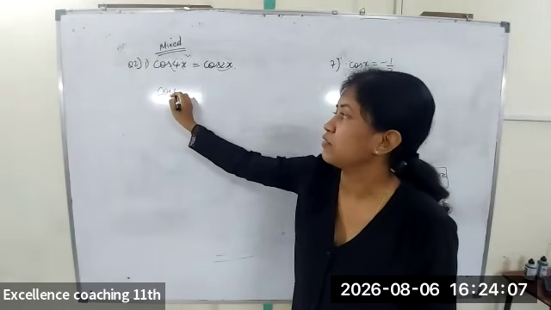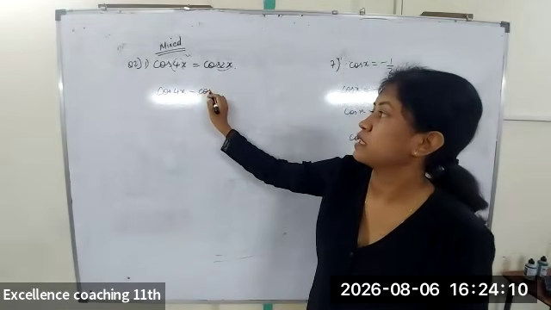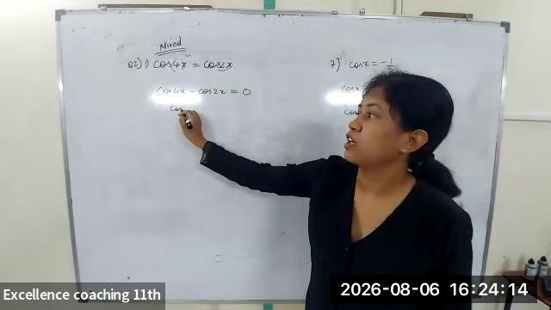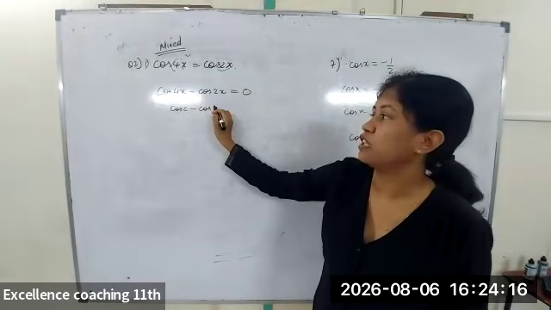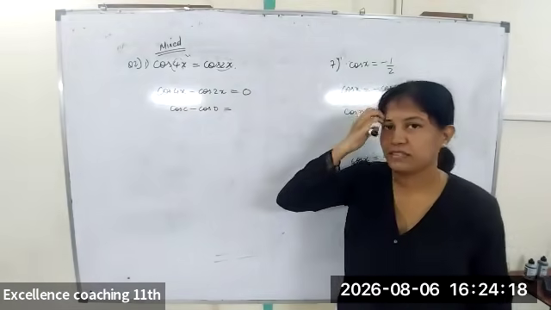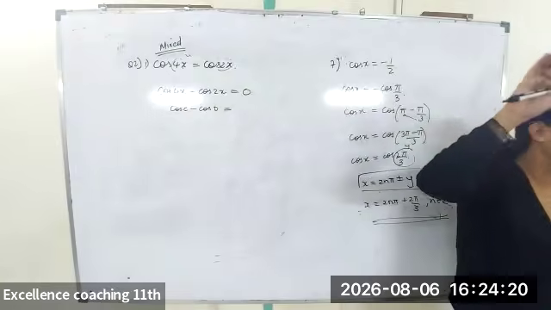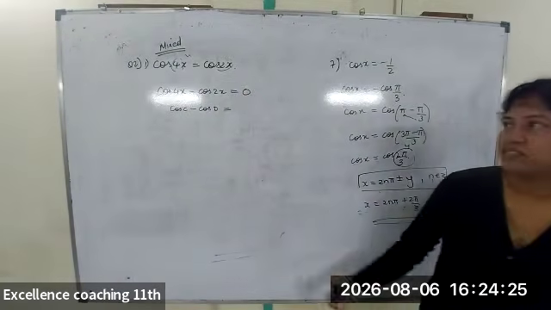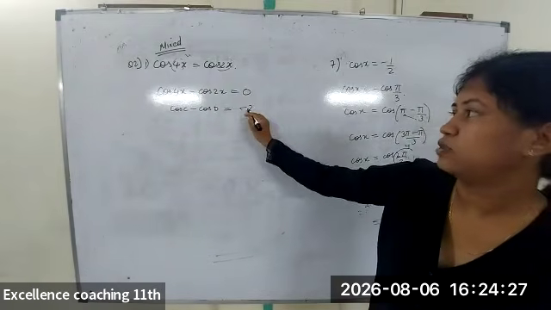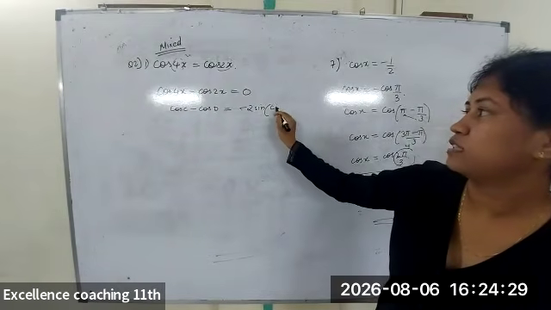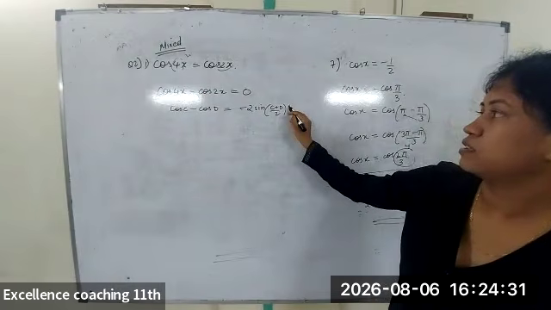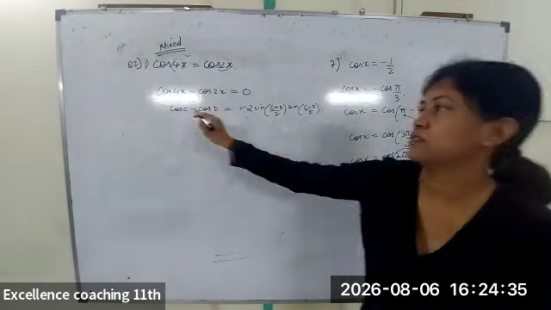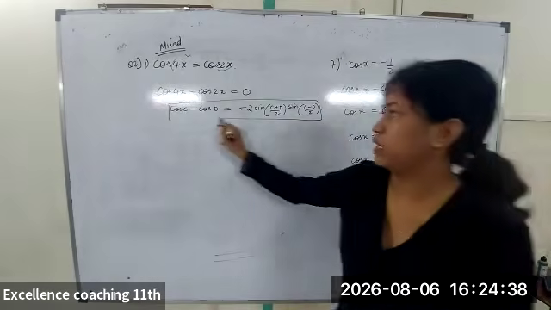Bring it on the right hand side. Now which formula have we learned? The cos C minus cos B formula. Remember? It is minus 2 sine of (C plus B) by 2, sine of (C minus B) by 2. Apply this formula.